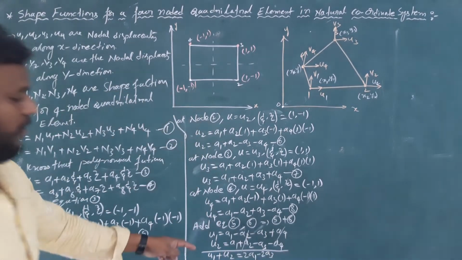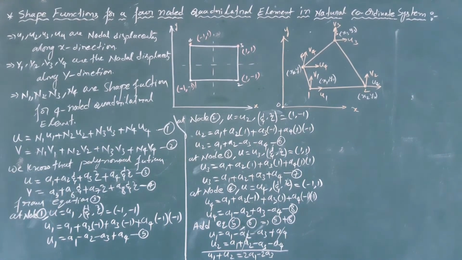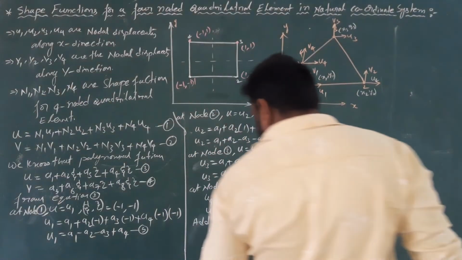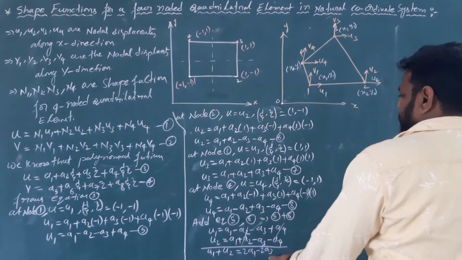This is what we finally got, so this is the equation we got: u1 plus u2 is equal to 2a1 minus 2a3.